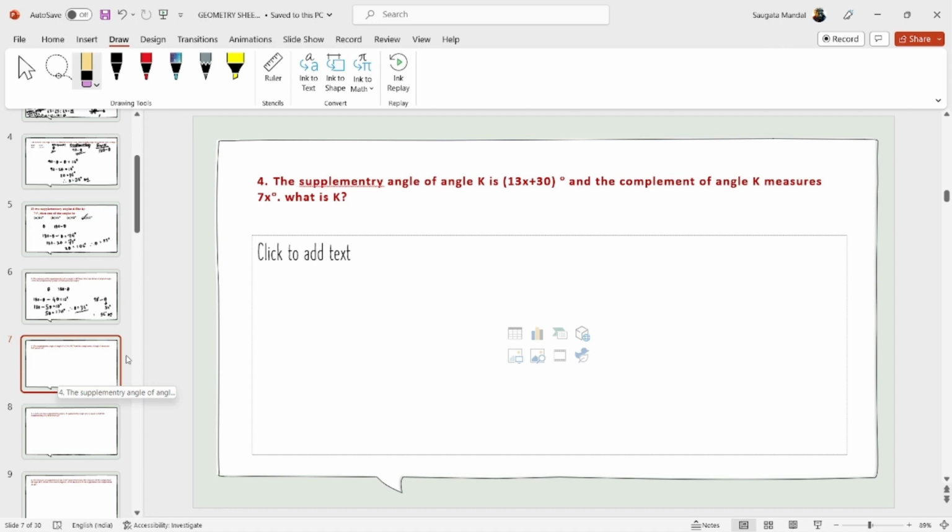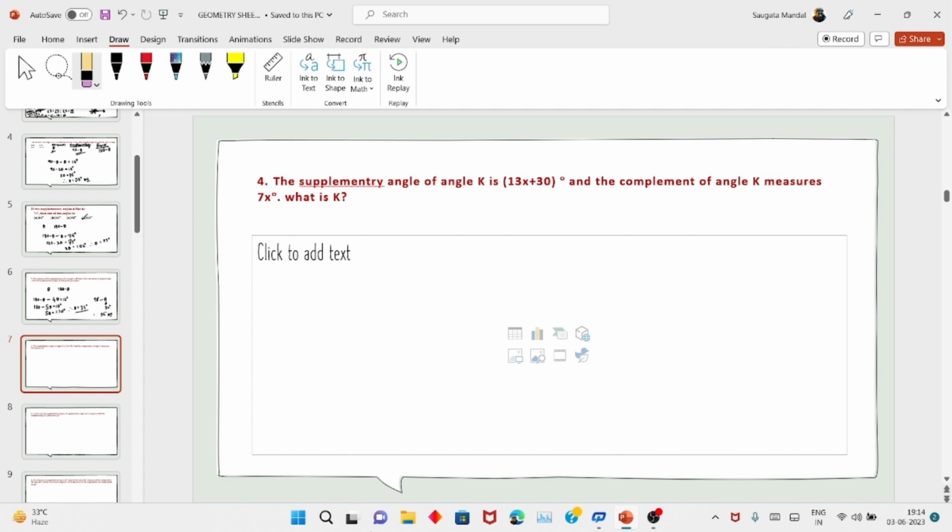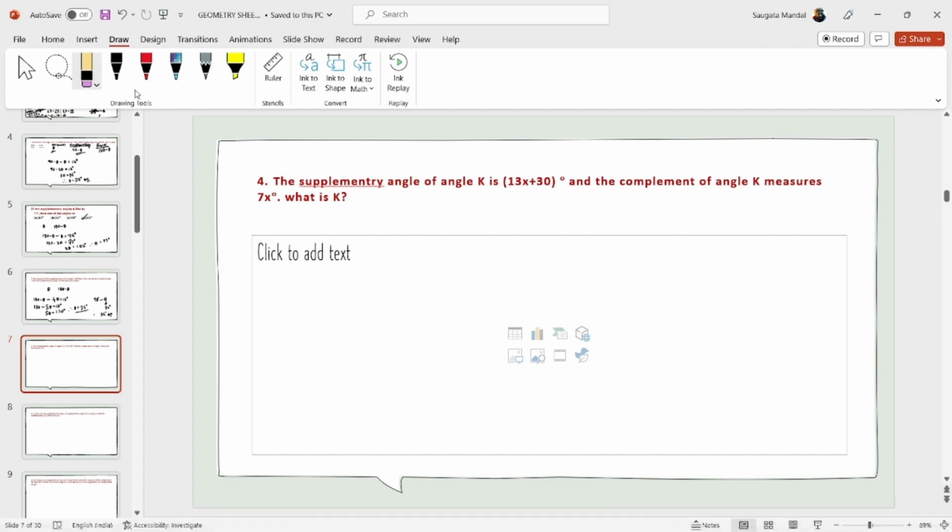Now move on to the next question, question number 4. Here it is given that the original angle is K, and the supplementary angle of the angle K, that means 180 degree minus K, is equal to 13x plus 13 degree.